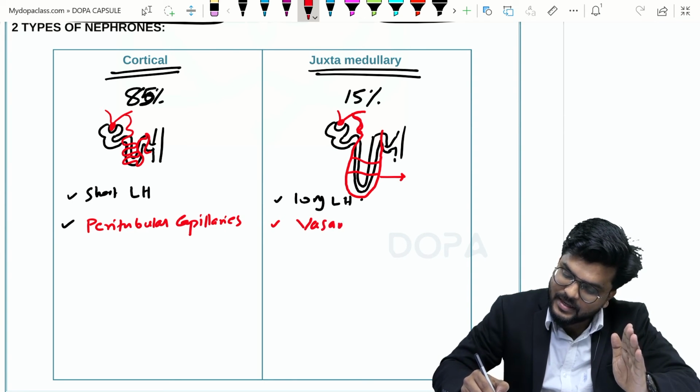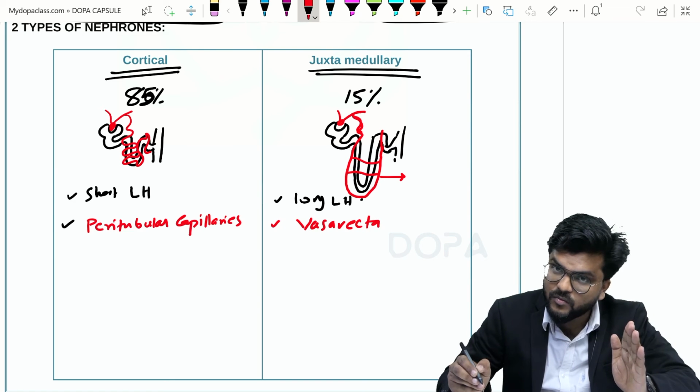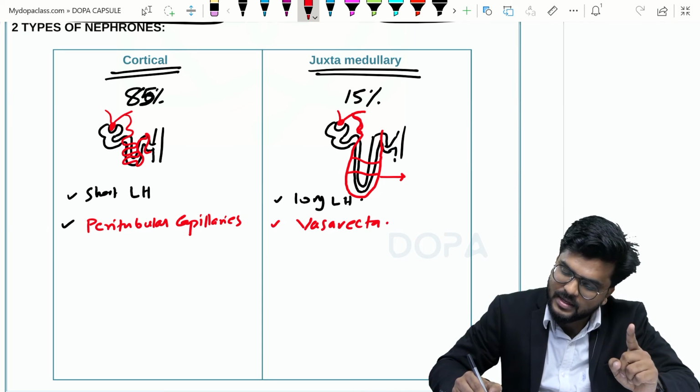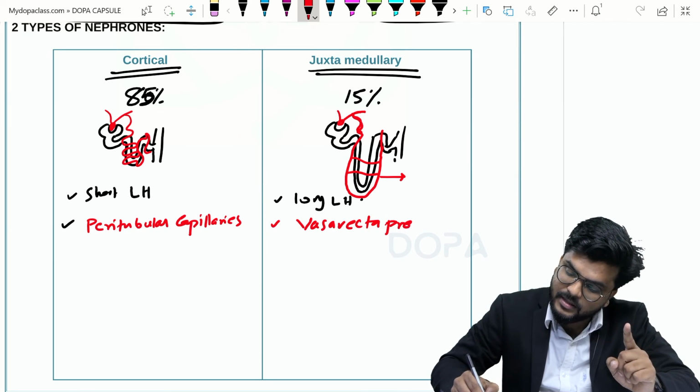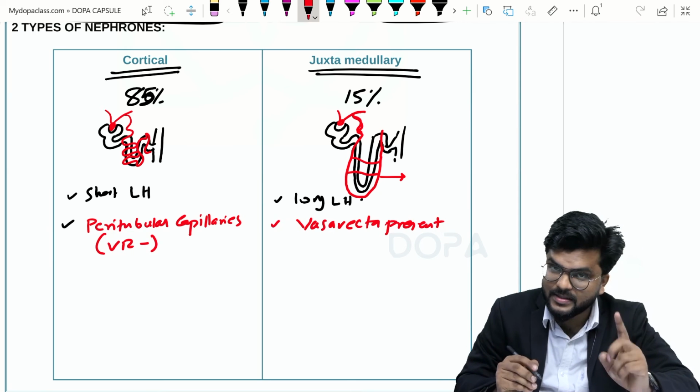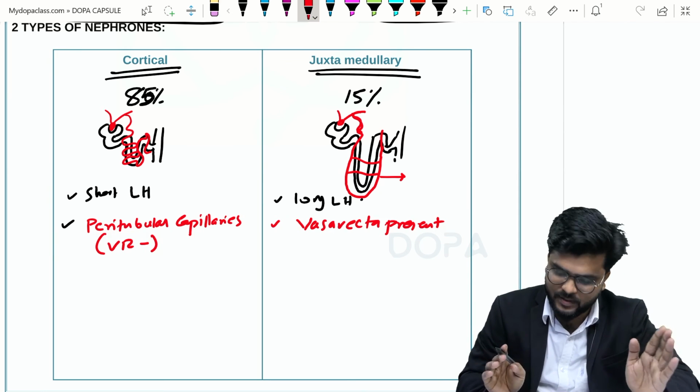So in which kind of nephron is the vasa recta present? It is present in the juxtamedullary nephron. So the vasa recta is present here, and here the vasa recta is highly reduced or absent, we can say.